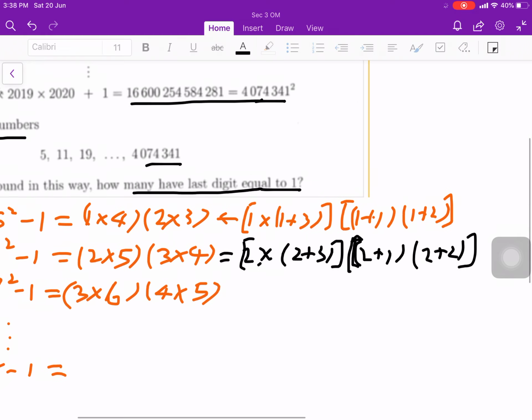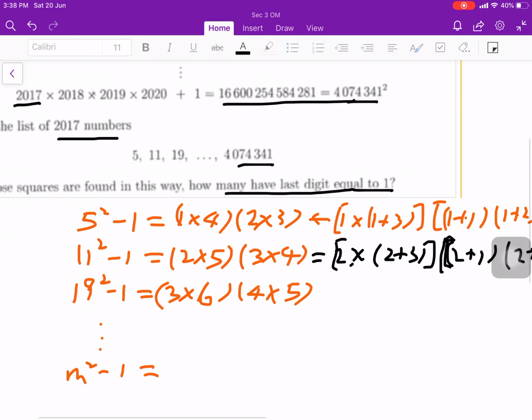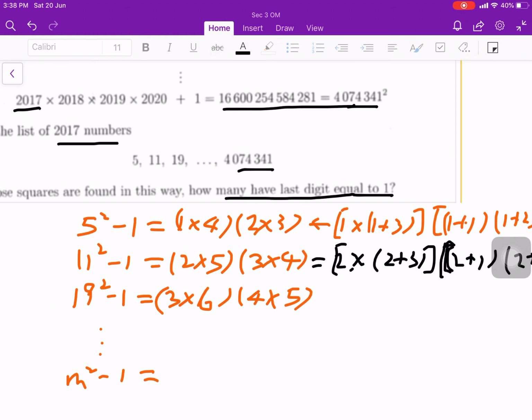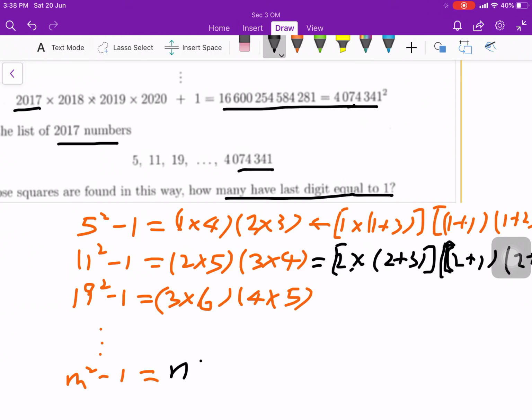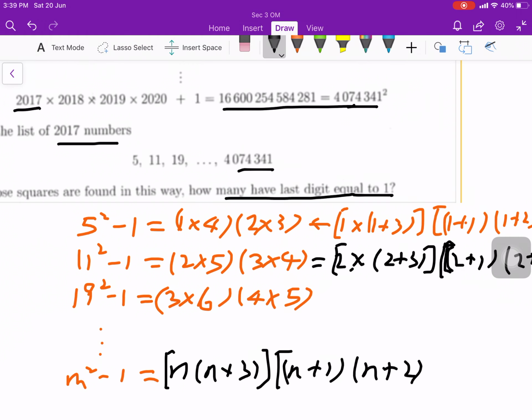Therefore, with this idea, we can see that your m squared minus 1 is actually equal to n times (n plus 3), or you group them as one term, and then this is just (n plus 1) times (n plus 2). Understand?